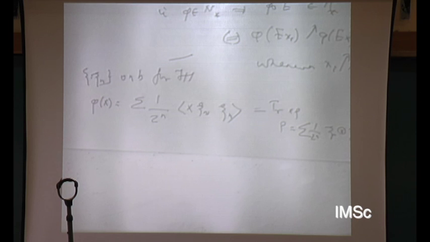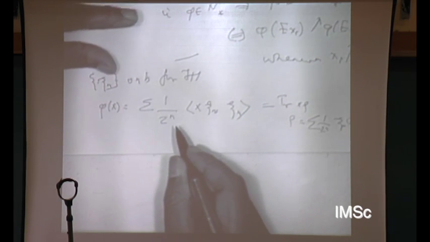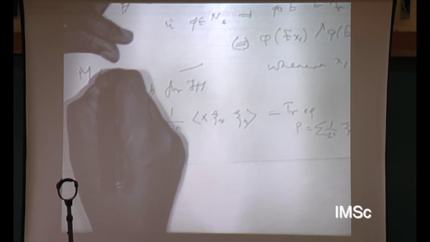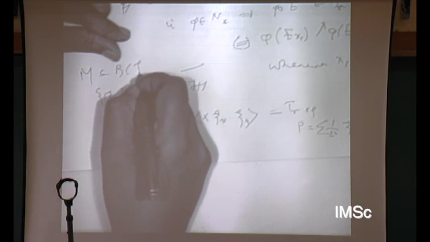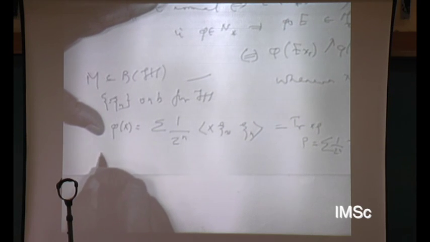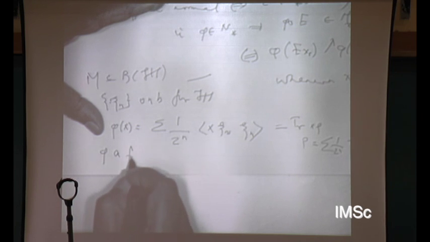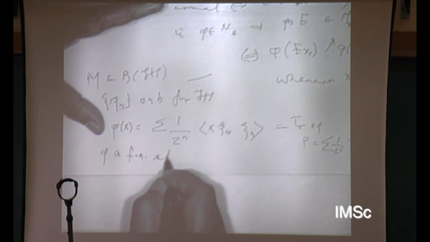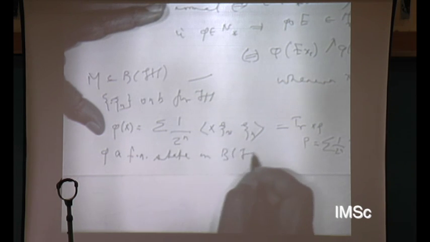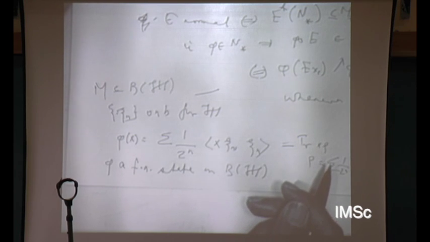So if you restrict it to the image, here I am assuming that M is contained in B of H. See, one is observing that phi is actually a faithful normal state on B of H. It is normal, it is a state, and it is faithful.